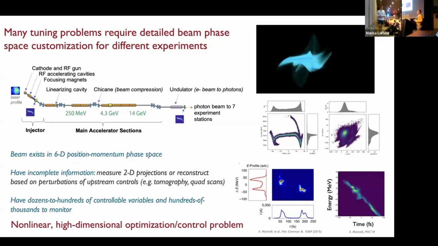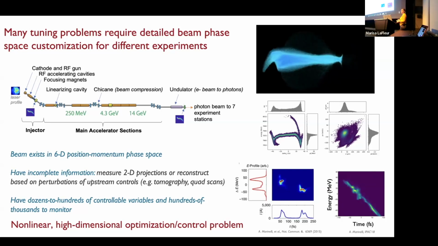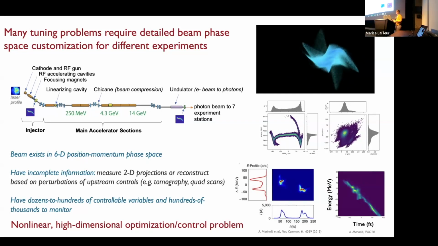And so ultimately, what this requires is customization of a very complicated cloud of particles, which we describe in terms of the 6-dimensional position, momentum, phase space. And at the end of the day, this becomes a really complicated optimization and control problem that deals with a lot of nonlinear physics and also partial information.